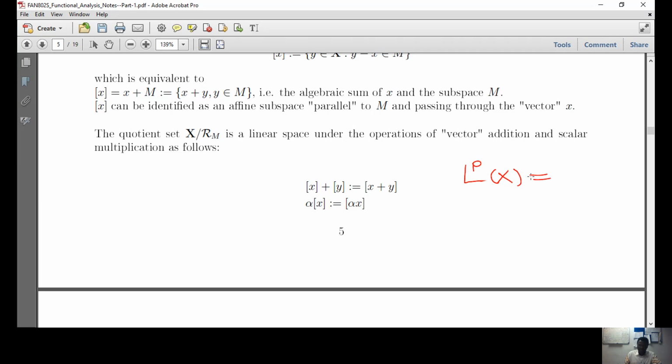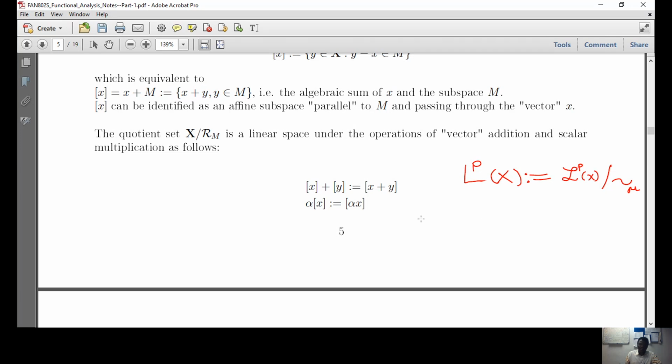So by definition, what is it? It's a factor space, right? It is this L^p of X by this equivalence relation. We have a measure mu here.